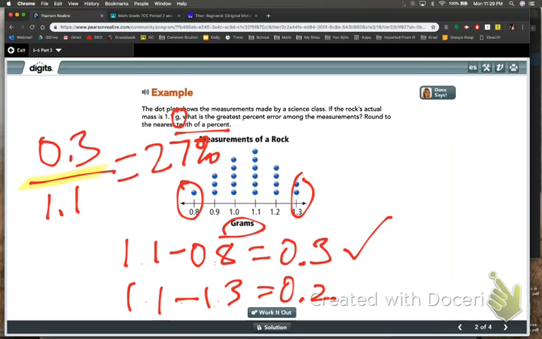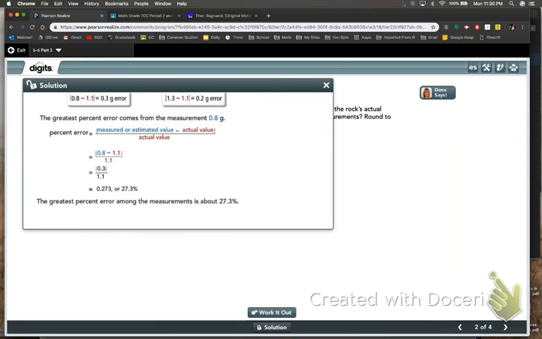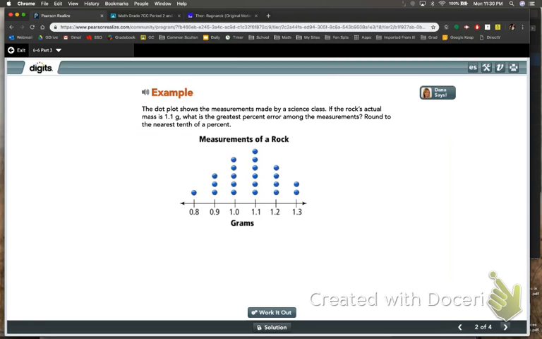So it's 27 repeating, 27.27, and that 2 is going to be rounded up because of the 7 right there. That should be our answer. Let me hold my breath while I check the answers. And yeah, 27.3%. That is pretty much the gist of the lesson.